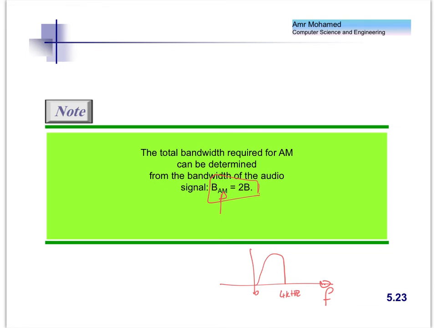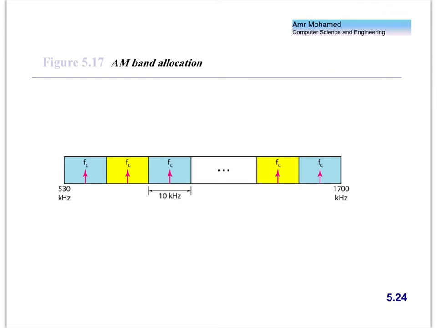If we were to transfer the voice, the bandwidth of the AM composite signal will be how much? For the case of voice, double it, which is 8. Right, exactly, perfect.